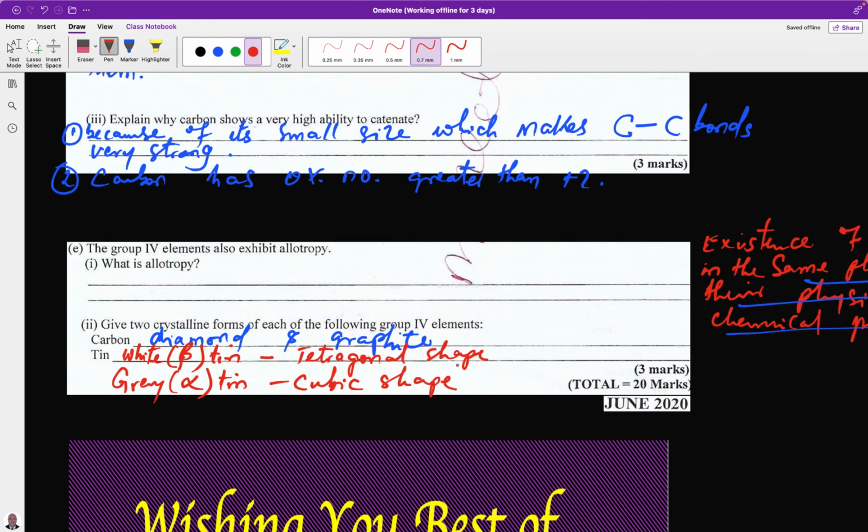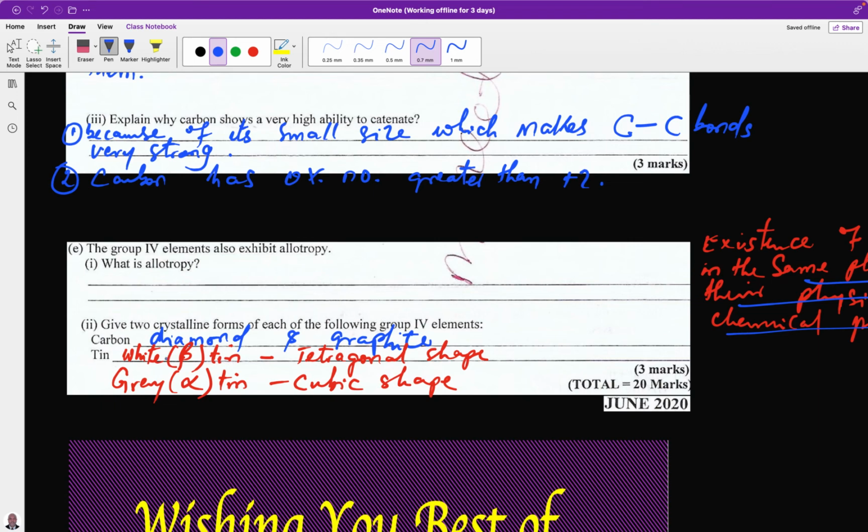There is another one which has a rhombic shape. So there is white tin, or what we call beta tin, which is one of the crystalline forms of tin.